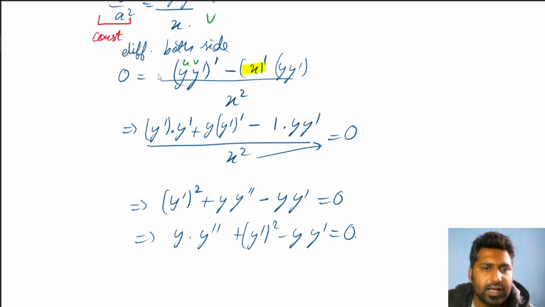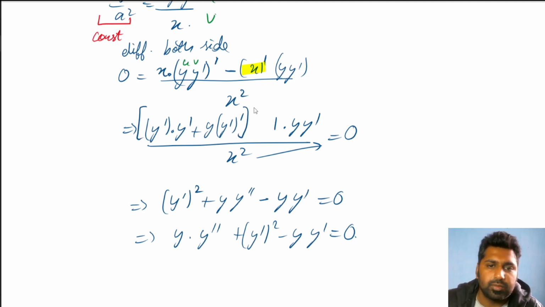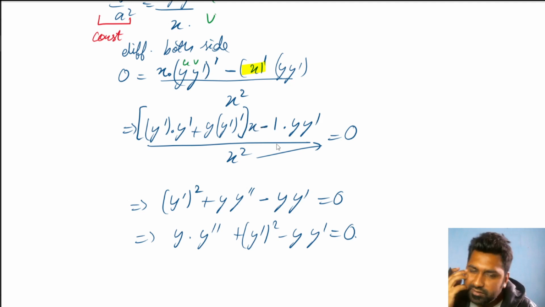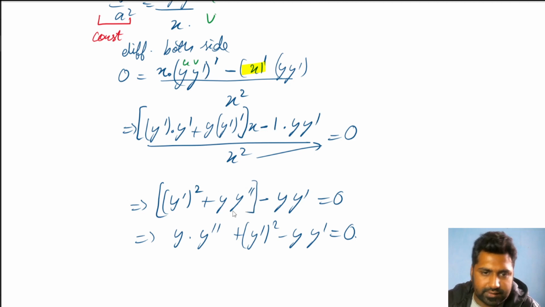Oh, x was there as it is. Here it is x. We missed this. This whole thing will be multiplied by x. That is what we were missing. That's why I was wondering why the equation was coming only in y, not x.